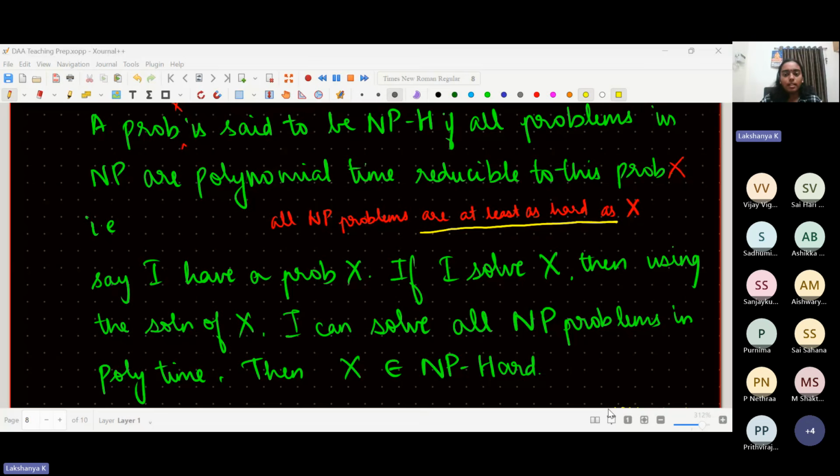But the basic idea is, once you solve an NP hard problem, all the NP and P problems become easy to solve. That's the idea, basically. Right, shall we move on? I assume that's a yes.